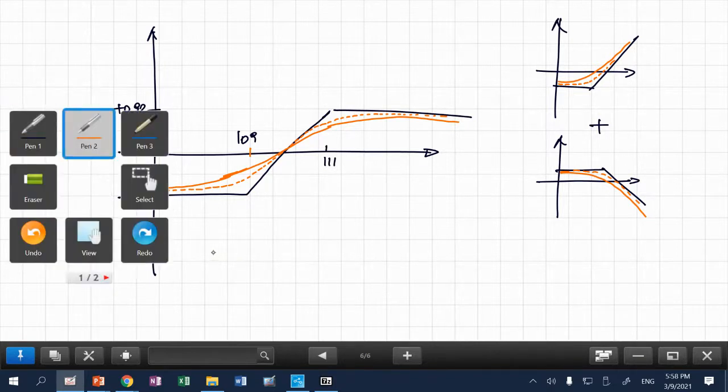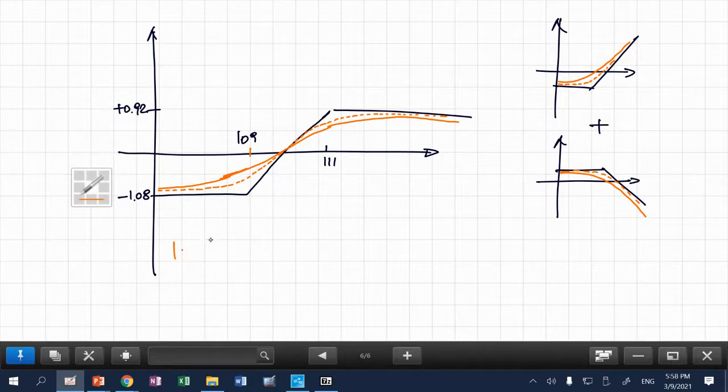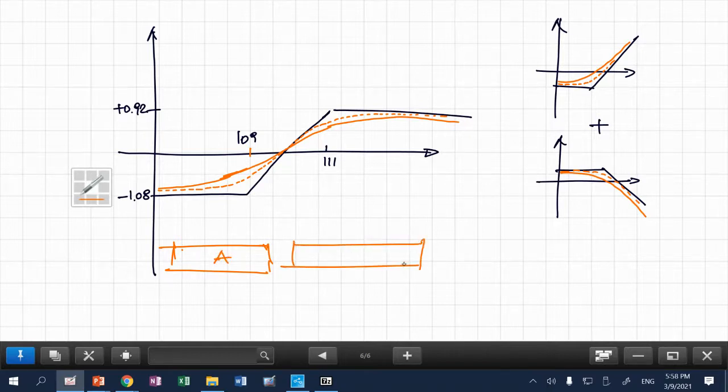So unfortunately, I cannot point out to the blackboard as I would do in a common class, but let's call this range of prices A, so the one below 110, and this range of prices B over 110. First question is, look at the curvature.